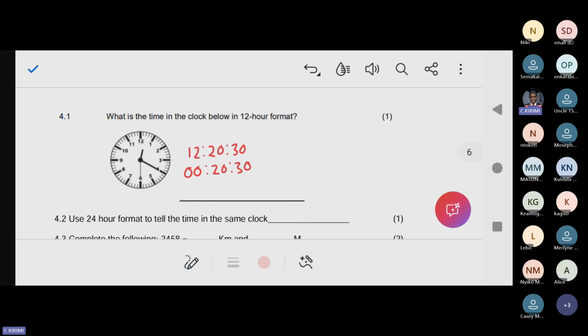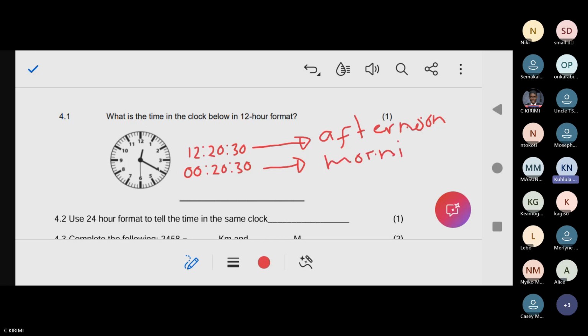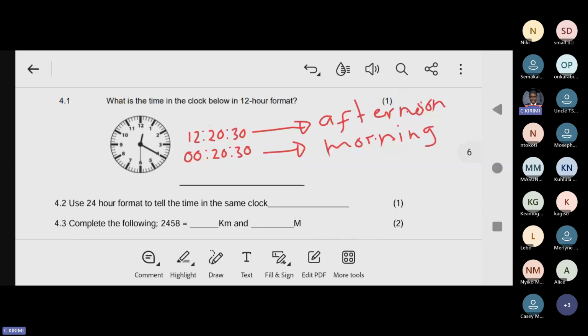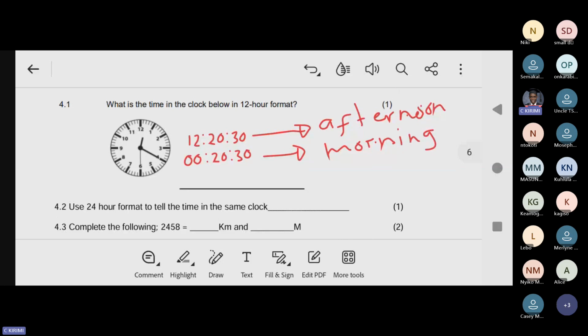If they say it's afternoon, then you choose the first one. They did not mention it, so you can also use this one for early morning. Both answers I would mark correct because the question did not specify. We are answering 4.2.